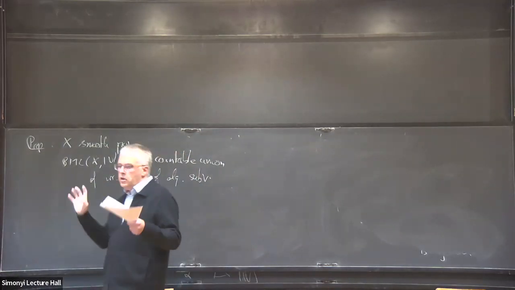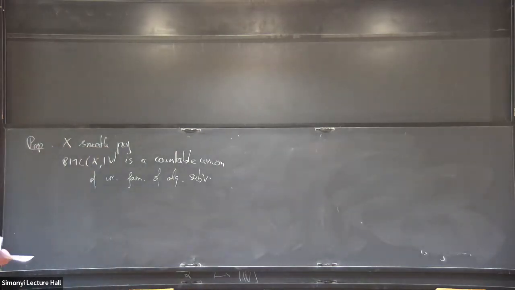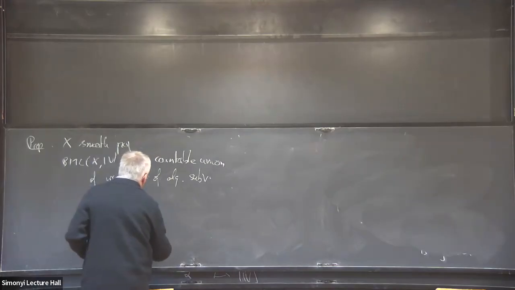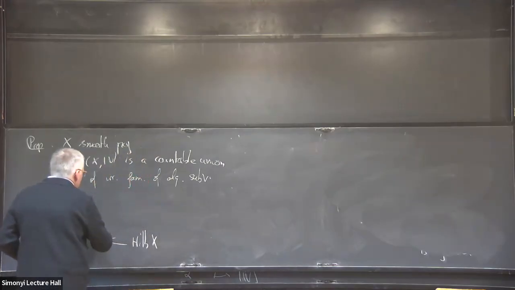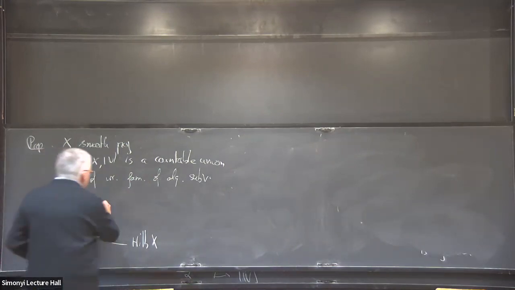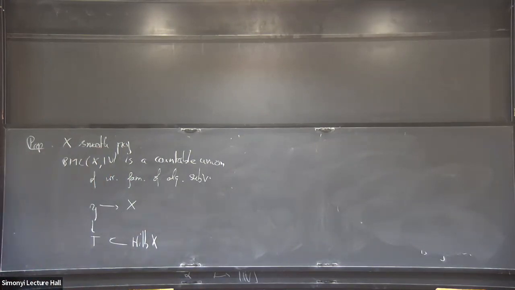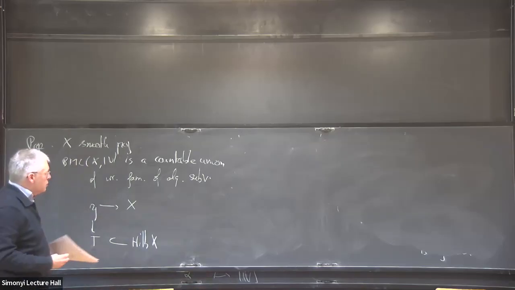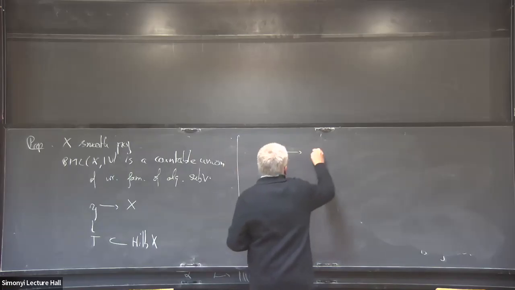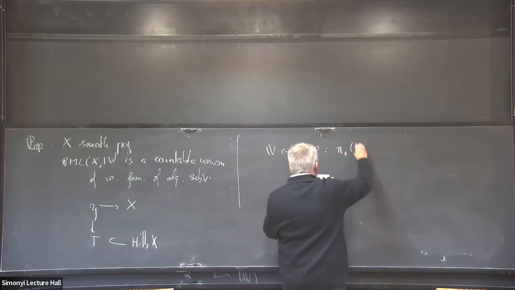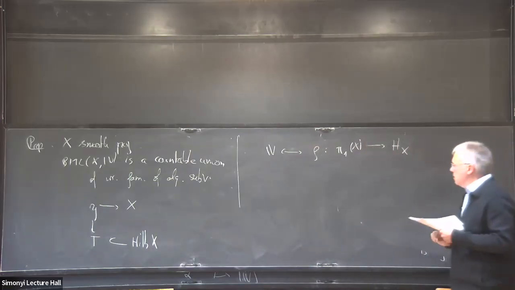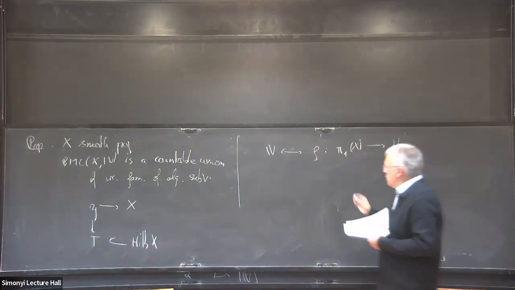You just look at the Hilbert schemes of X. If you have a component T in the Hilbert scheme, then over T you have the universal family of varieties it parameterizes, and this is mapped to X. Now your local system V corresponds to a representation rho from pi1 of X to H_X, and with H_X being reductive, you think of it as a Higgs bundle.